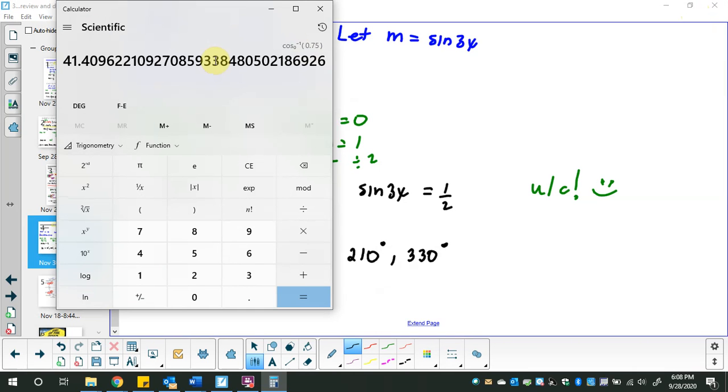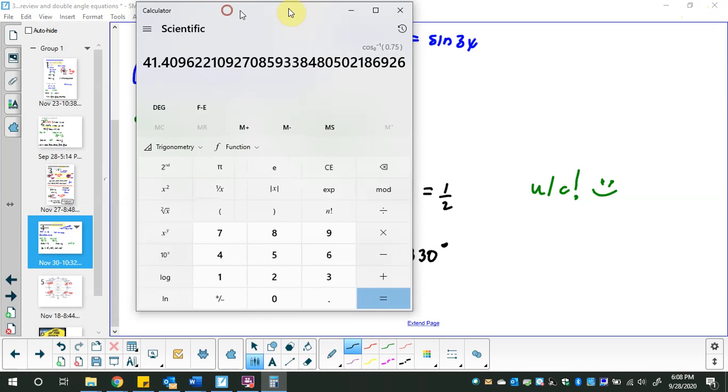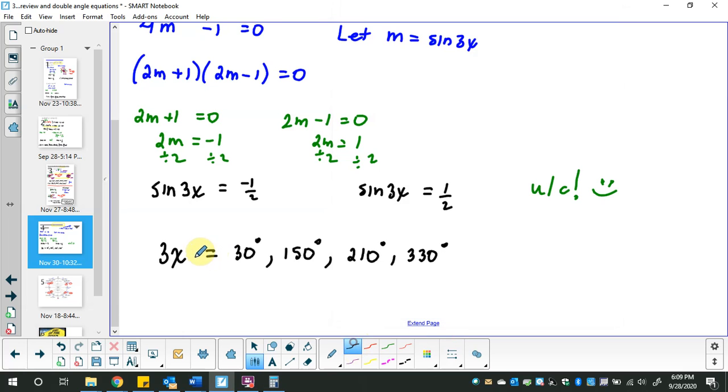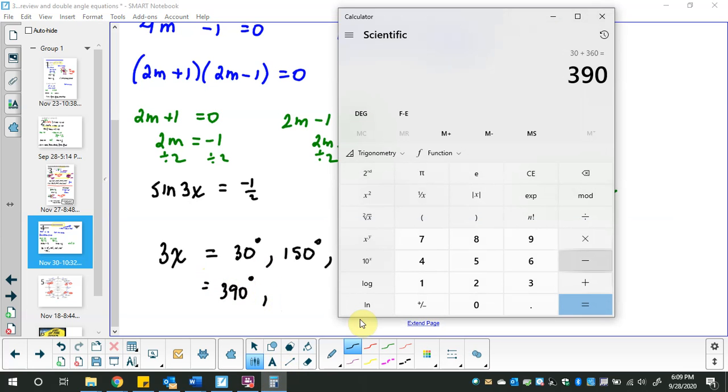So, I'm going to take 30 degrees, input it into the calculator, and I'm going to add 360. If I hit equals and it's under 540, I have to write it down. Then, while I'm still dealing with it, I'm going to add another 360.